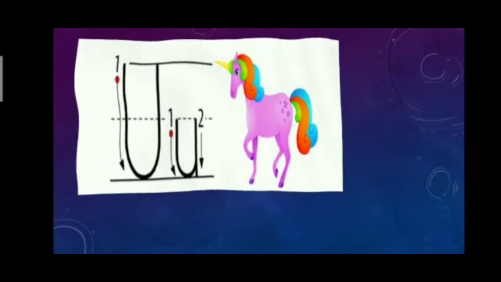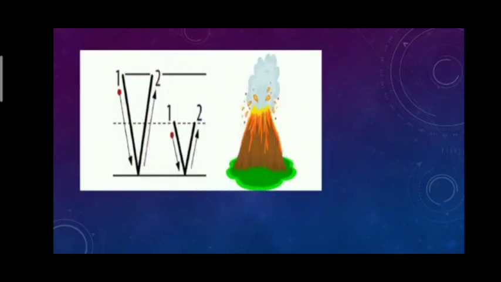Coming to the next letter, next is V. V for volcano. Starting with the red dot, slanting line, then again slanting line. Look at the arrows carefully. Where there is a pointed thing, there you have to stop.